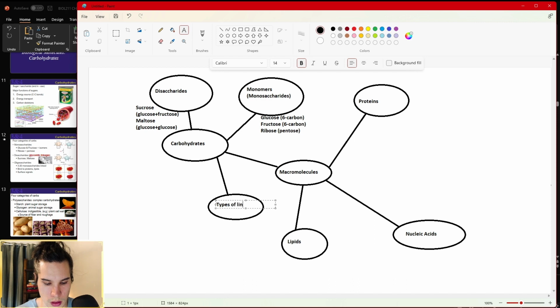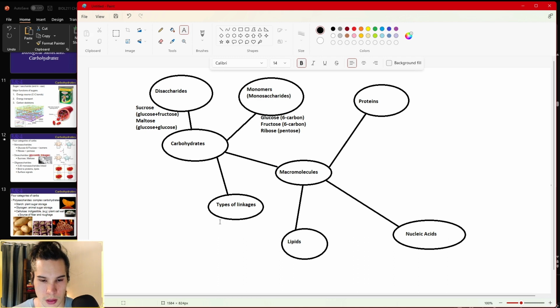What are the types of linkages? Well, we actually just list one. Glycosidic linkages. Okay. Now this is going to be a very important one. I need you to know the types of linkages for all the macromolecules. All right. What's another category?